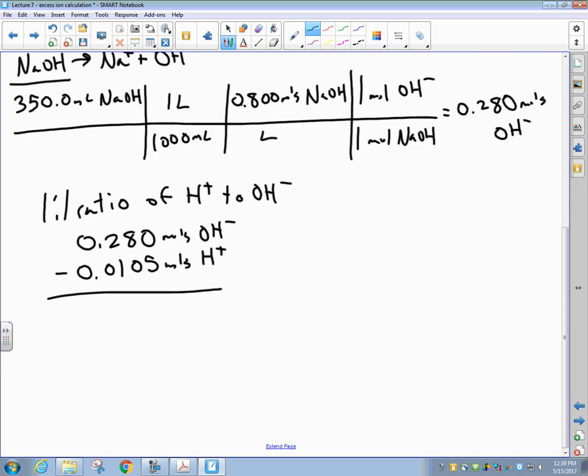This means we're going to have 0.270 moles of OH negative in excess.